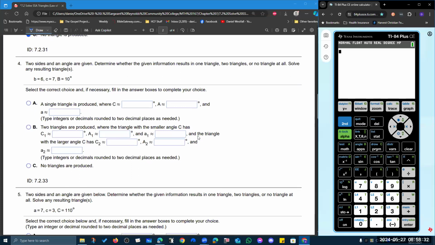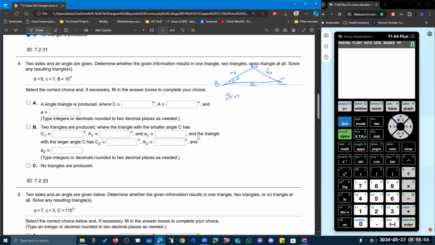Let's look at this next one. Angle B down here in this corner is 10 degrees. Side B is 6. Side C is 7, across from angle C. That makes this angle A and this side A. So we're going to solve for angle C. Sine of C is to 7 as sine of 10 degrees is to 6.